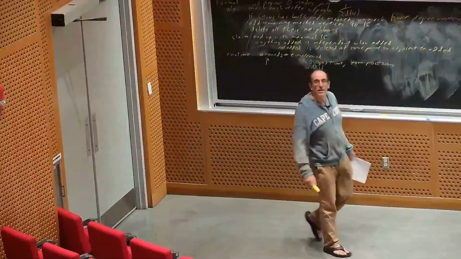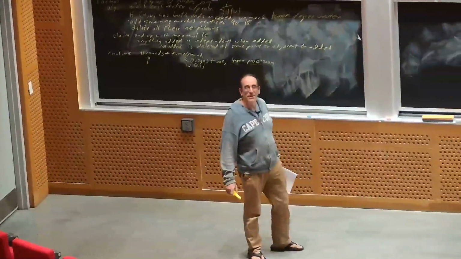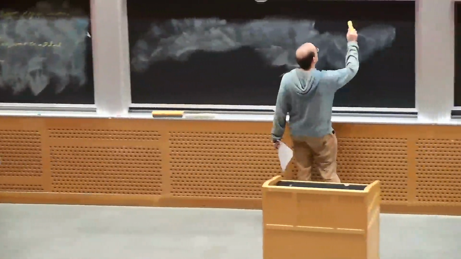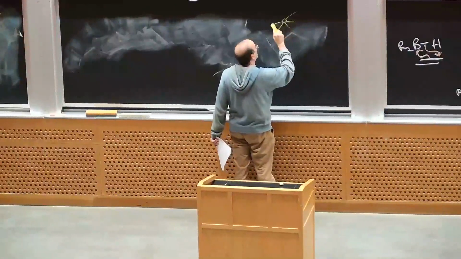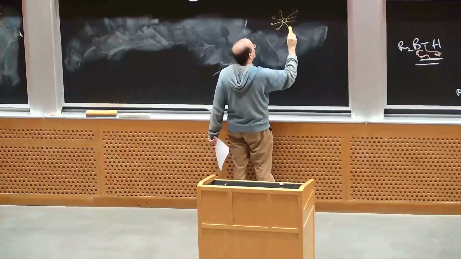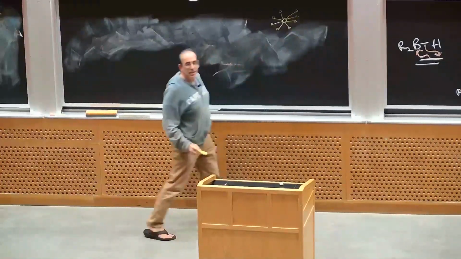Yes? Maybe like a star graph. A star, right? So how many good vertices are in a star? One good vertex. Only the middle vertex is good.